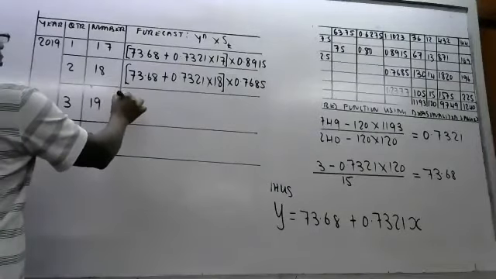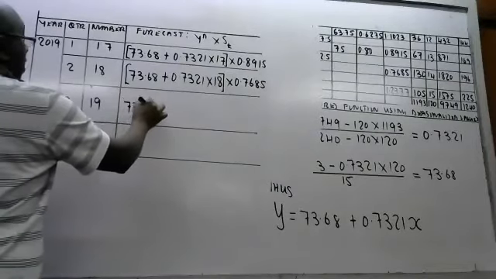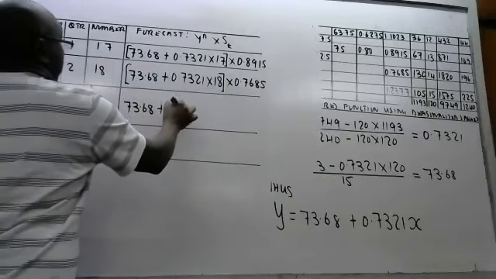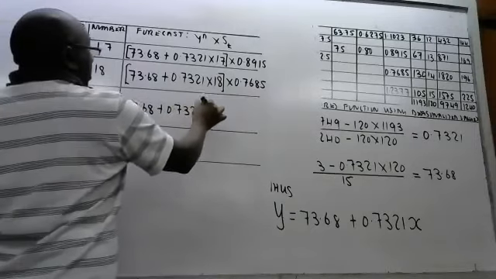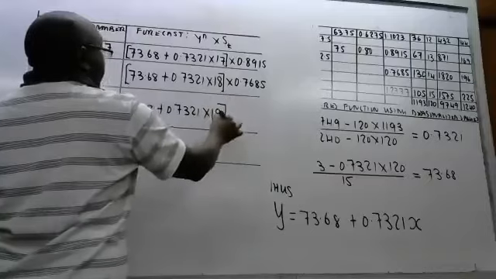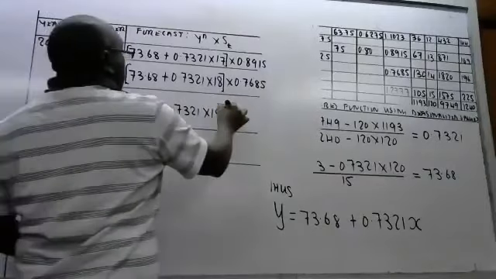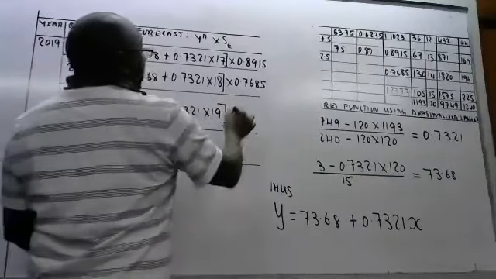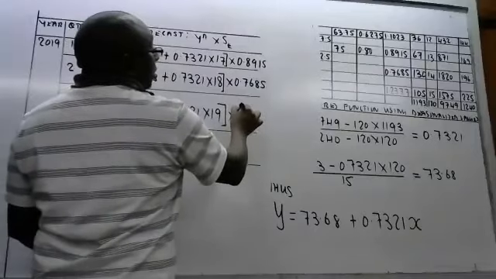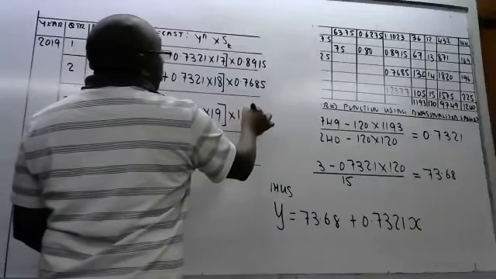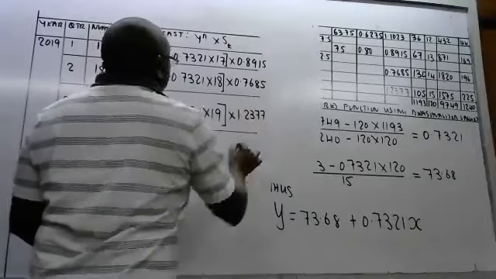We go to the next one, 73.68 plus 0.7321 times 19. You multiply by the seasonal index, which was 1.2377.